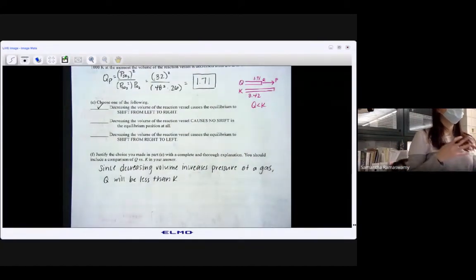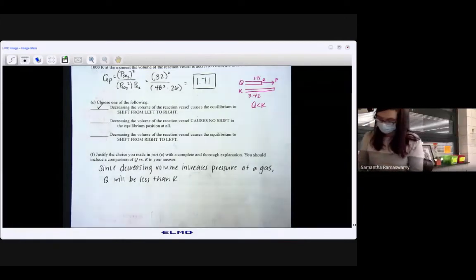Once I've compared Q to K, now I'm going to talk about how that comparison affects the shift.